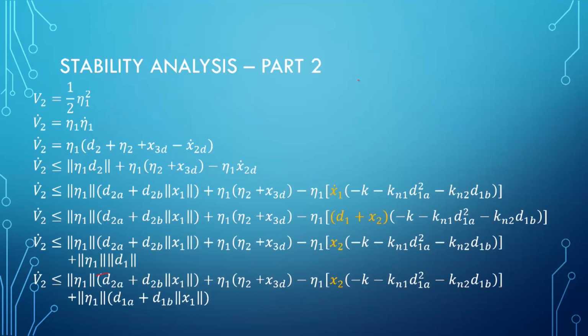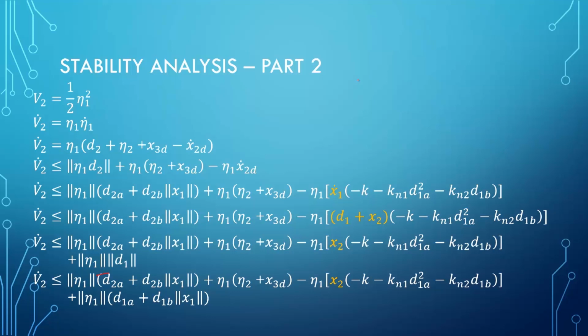The question is that this term was missing from here, because of eta 1, x2, times these constants, right? Everything in the bracket.